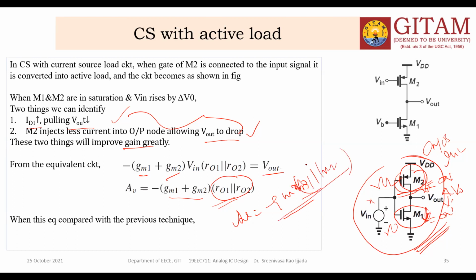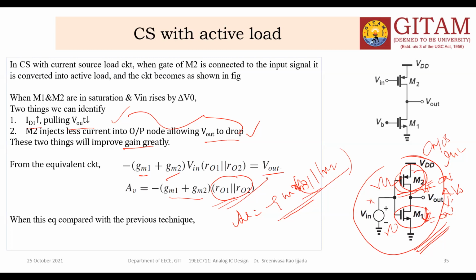If you compare these two voltage gain equations, the resistance of CS with active load and CS with current source load are the same, but the gain is increased. Earlier the gain was only GM, but here the gain is the sum of the transconductances of the two transistors.